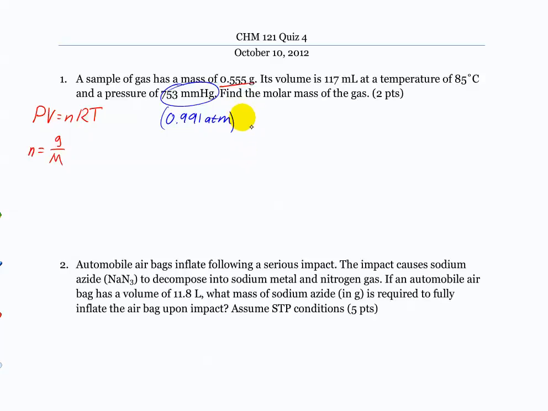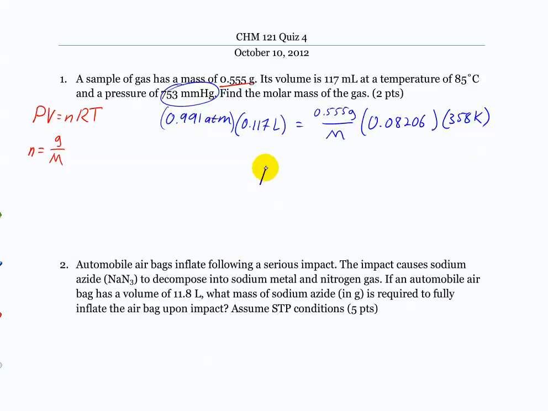Volume is 0.117 liters equals the mass, 0.555 grams, divided by the molecular weight, times R times T, which is 273 plus 85, or 358 K.